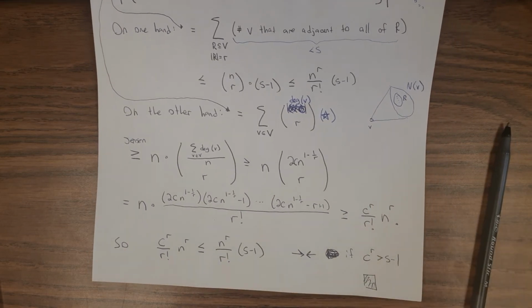One thing, when we do a proof like this, due to the nature of the statement we're trying to prove, it suffices to only prove it for sufficiently large n.